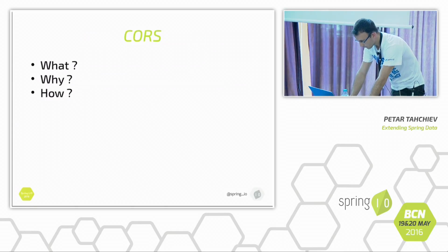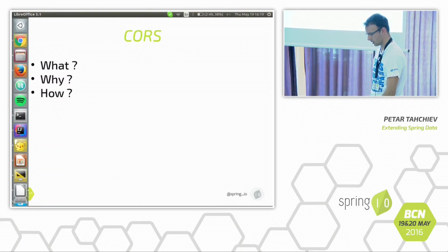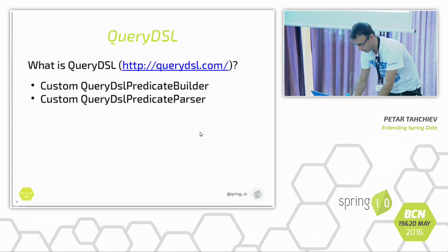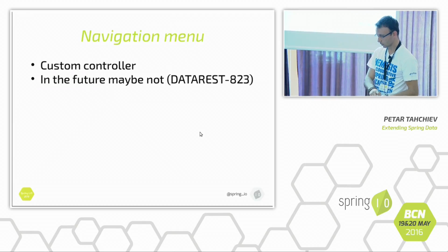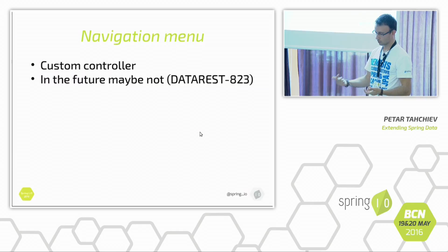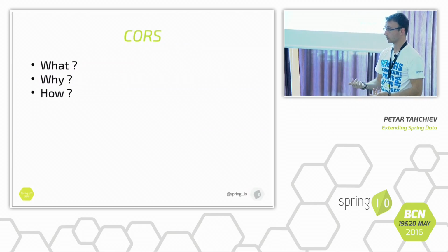Okay, moving forward, CORS. What is CORS? I think it stands for cross-origin resource sharing. It's needed when you have JavaScript accessing resources from another domain, because usually the browser will block it.